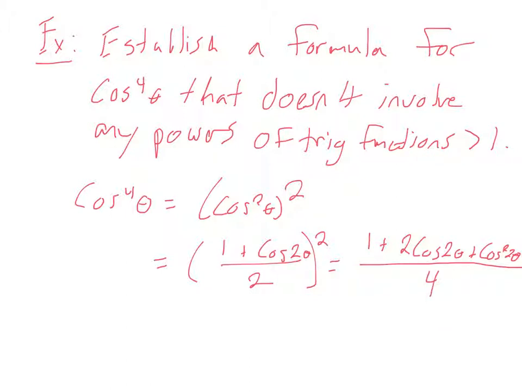We only have a squared power now, so we're going to do the same thing twice here. We're going to do the reduction formula for cosine squared 2 theta. So we're going to end up getting 1 plus 2 cosine 2 theta, all over 4.